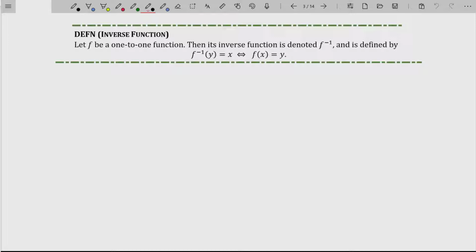However, the mapping that goes backwards from y back to x, that is called the inverse function for the one-to-one function f. So that's what this definition is saying: let f be a one-to-one function. Then the inverse function, which should have been bolded, honestly, right there, is denoted with this terrible notation and is defined by the following.